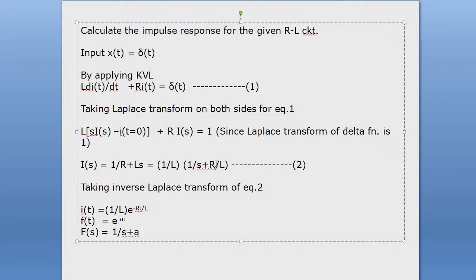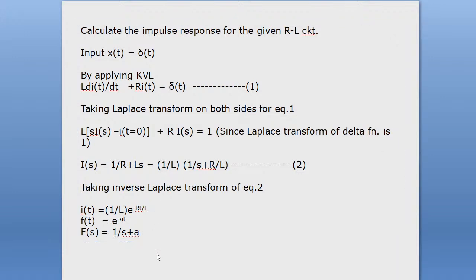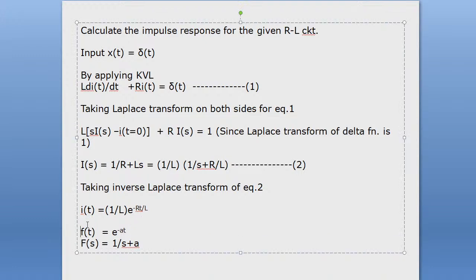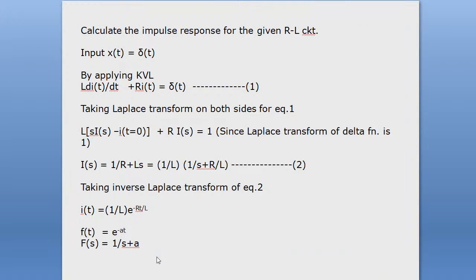For this case, equation 2, a is equal to R by L. So therefore its inverse Laplace transform is e to the power minus R by L t. You just remember this part: the Laplace transform of an exponential function is 1 by s plus a, and therefore the inverse Laplace transform of F(s) is e to the power minus at.